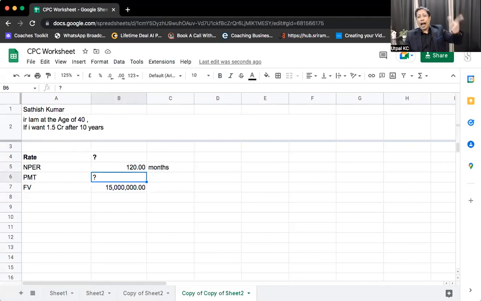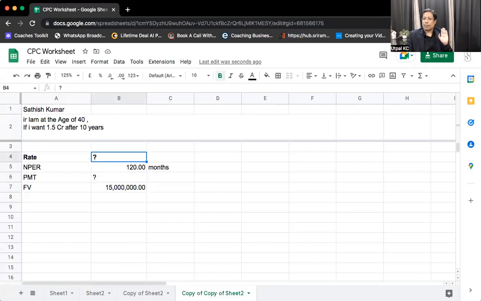Or you can say, I know one mutual fund, or one place which will give me this much of return approximately. You don't have to be exact. If you can give me this figure, then I'll calculate the other.